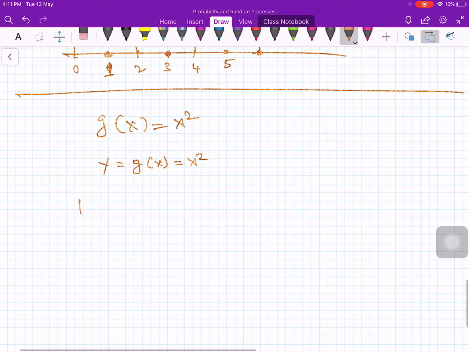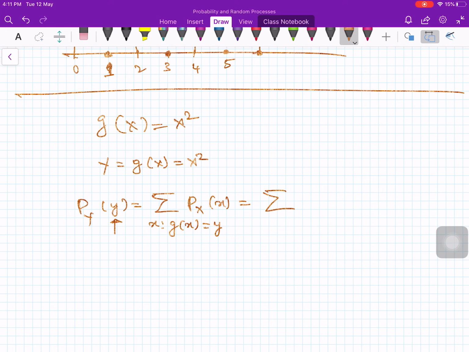The same formula: py of y equals the summation, you add the probabilities of the different x's, where the summation is taken over all x's that lead to this particular y, so the set of all x's such that g of x equals y, of px of x. That is, over all x's such that x squared equals y.